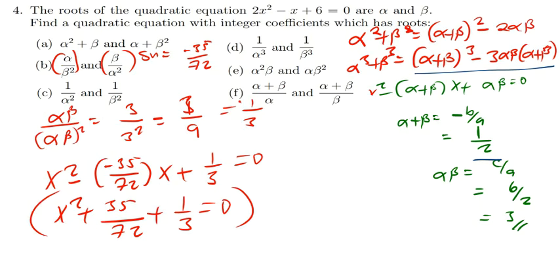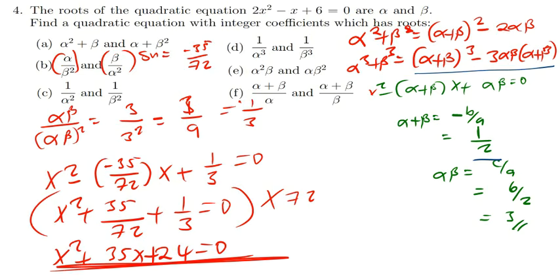You can leave it there, but I'll do times 72 to get rid of the fraction, and I'll end up having x squared plus 72 will go, I'll have plus 35 x, then 3 into 72 is 24, so plus 24 should be equal to 0. So that is my answer.